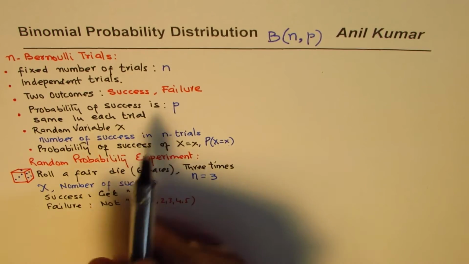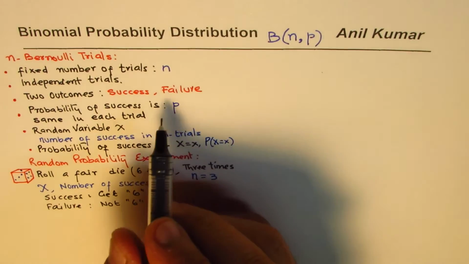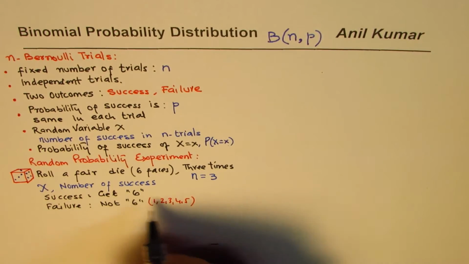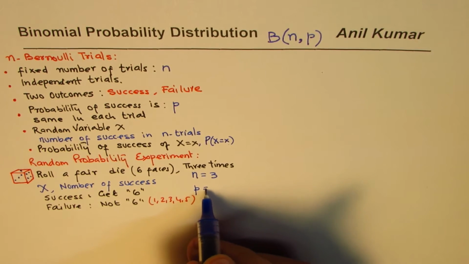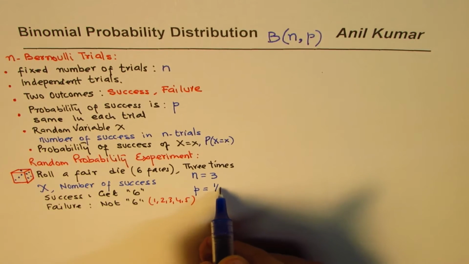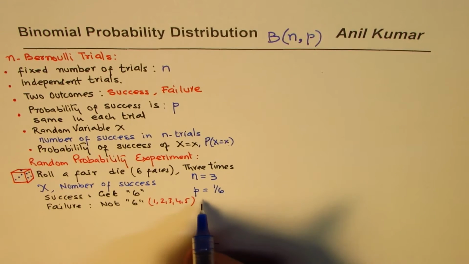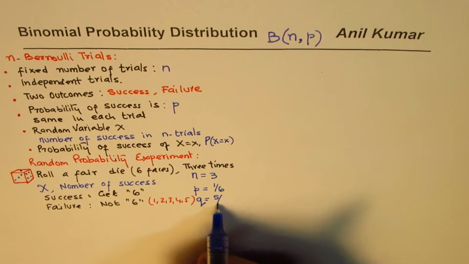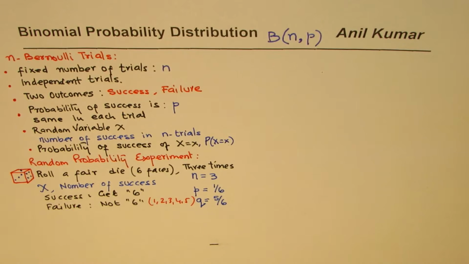So lowercase p, the probability of success in each trial, is 1 out of 6, since there is only one number which is 6, and the probability of failure q will be 5 out of 6 in our experiment.